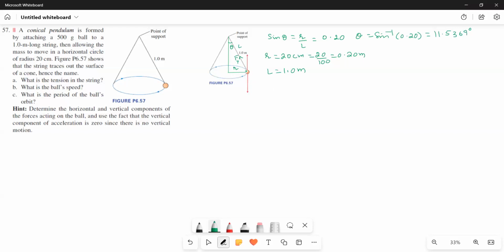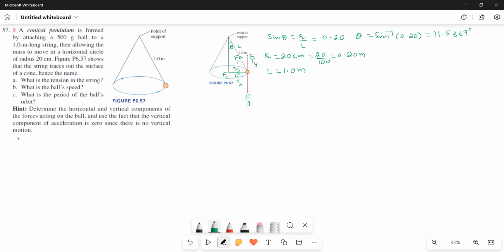Now I have to resolve the tension into components: one is the vertical component, another one is the horizontal component. This is the horizontal component Ftx, and this is the vertical component Fty. The vertical component of the tension force balances the weight Fg, and the horizontal component of the tension provides the required centripetal force Fc, because this is directed towards the center.